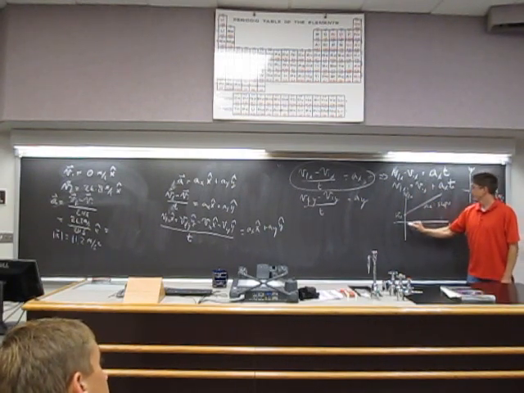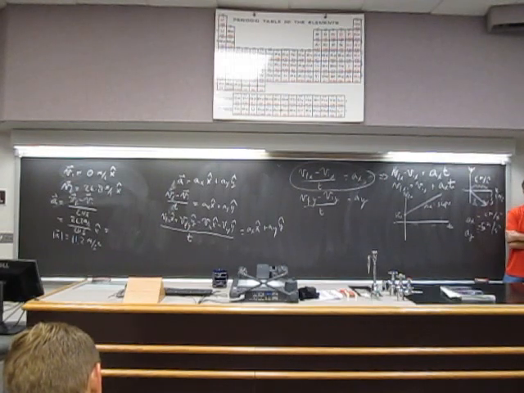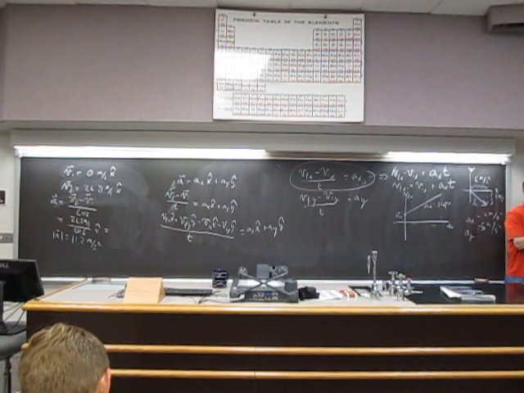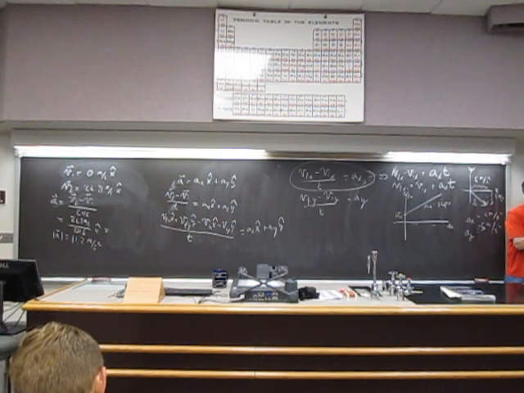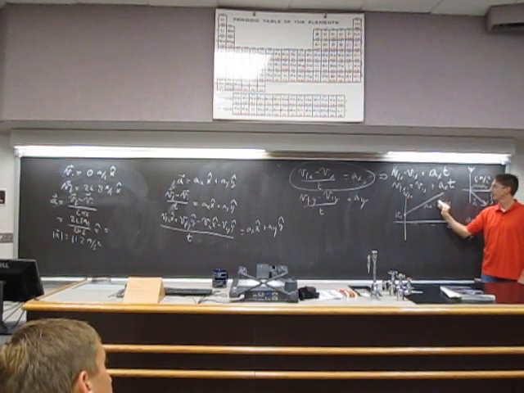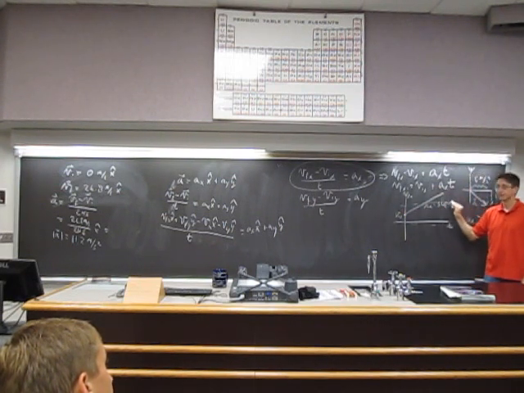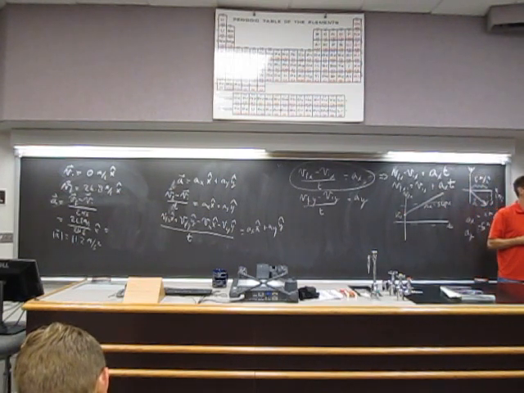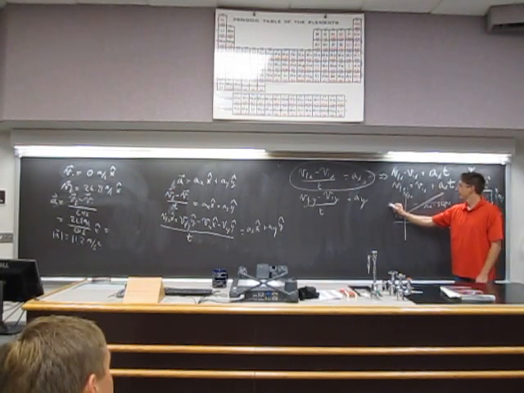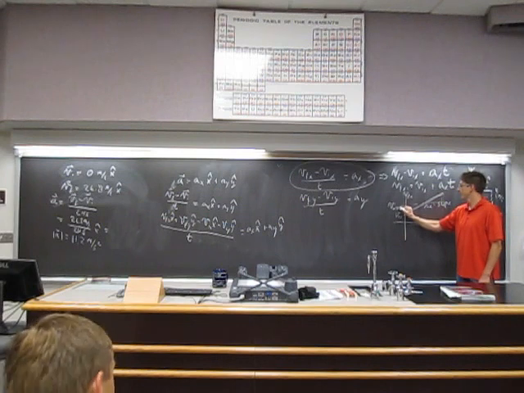During this time, this thing's kind of traveling at an average velocity. Okay, it's not traveling at this velocity or this velocity, it's traveling at an average velocity, which would be halfway in between. I'm going to write this as V average.